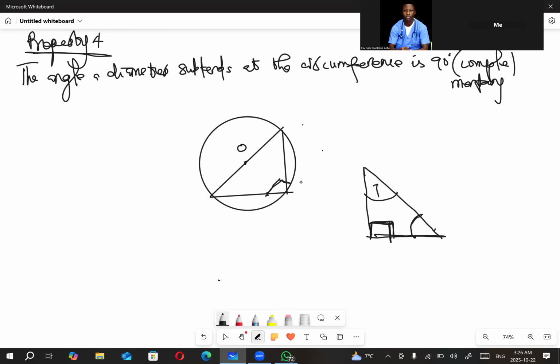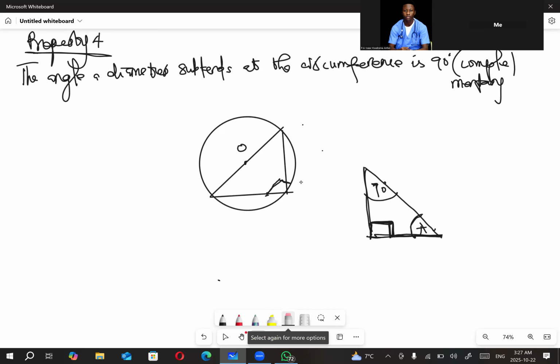So I can give you here to be 70 and you should be able to know E, isn't it? It's a right angle triangle. Victoria, if here is 70, what is E? Do you remember your right angle triangles? If here is 70, what is E? 20. 20 degrees. Do you understand it that way?